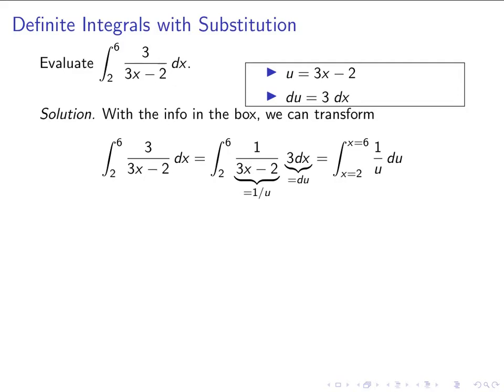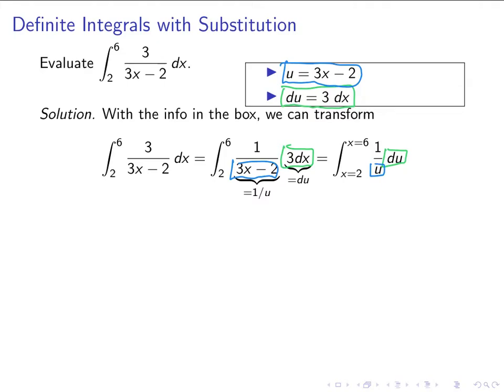So this relationship, du equals 3 dx, there's the 3 dx, and it's going to turn into a du. This relationship, u equals 3x minus 2, there's the 3x minus 2, it's going to turn into u.